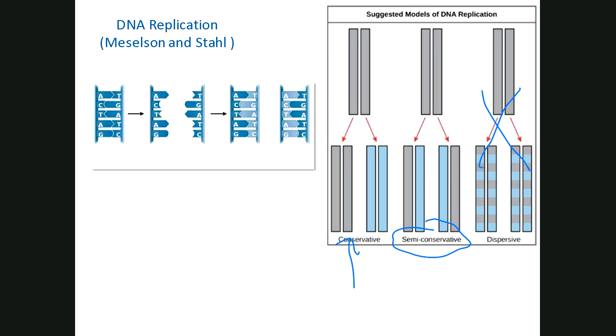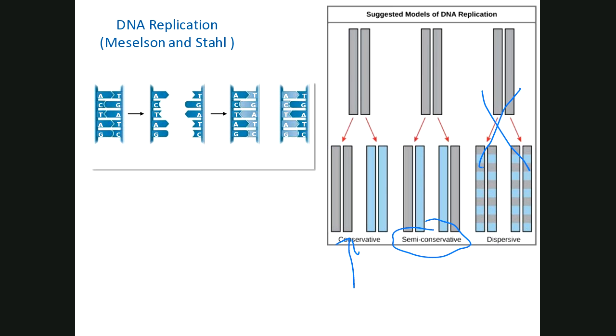Wouldn't it make more sense, especially if you want to keep the DNA saying the same stuff? DNA does mutate and change, and replication isn't always 100%, okay? But doesn't it make sense that the tracing one, the semi-conservative, is probably your best bet of getting a good, accurate copy of the DNA?